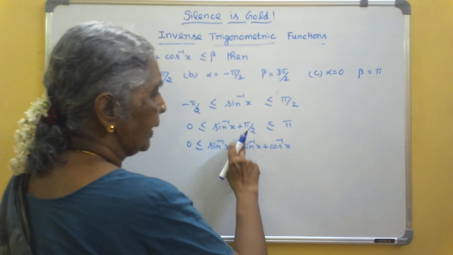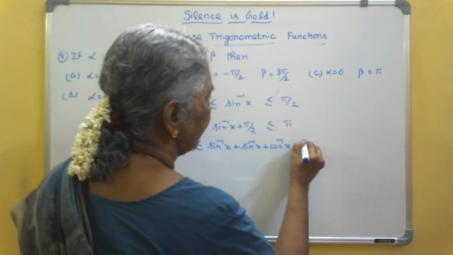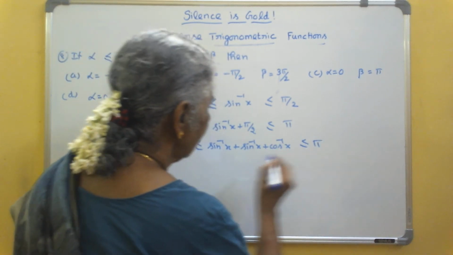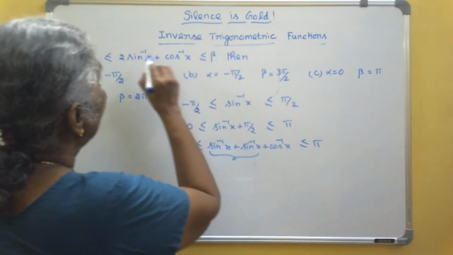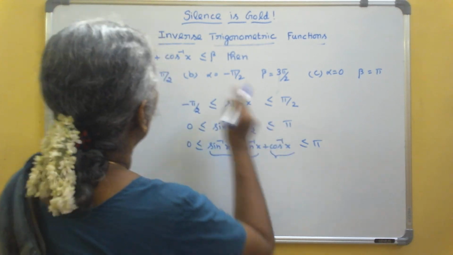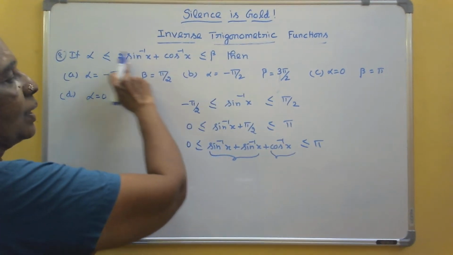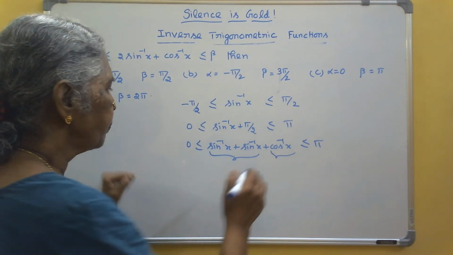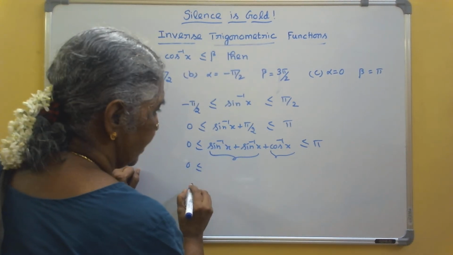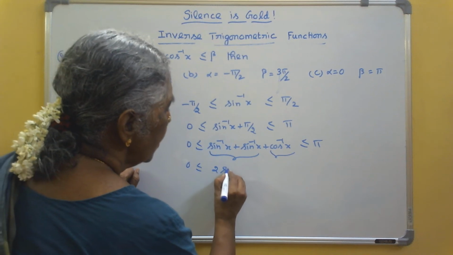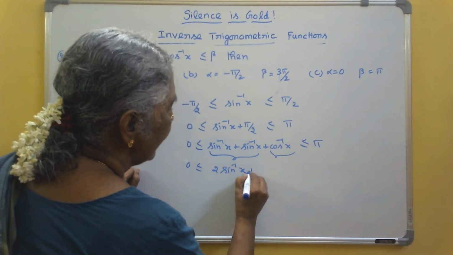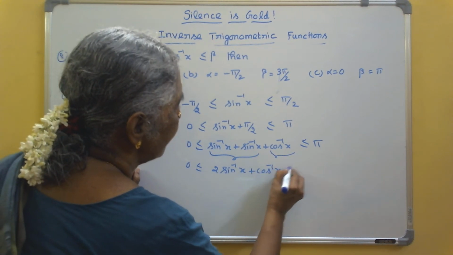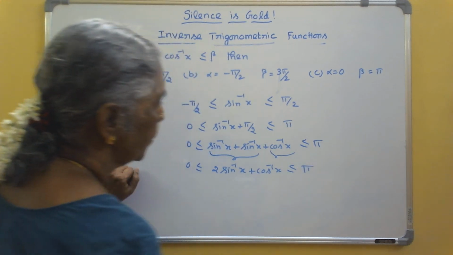You know sin inverse x plus cos inverse x is pi by 2, because here I am getting 2 sin inverse x plus cos inverse x, because that is what is given now. For that only I added that pi by 2. So here I get 0 lesser than or equal to 2 sin inverse x plus cos inverse x lesser than or equal to pi.